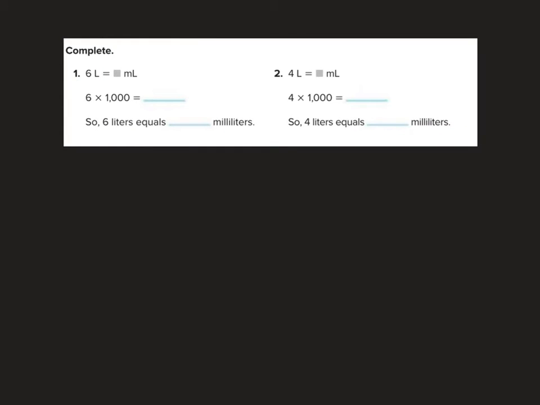6 liters equals how many milliliters? If 1 liter equals 1,000 milliliters, then I just multiply by 6 to get 6,000. So it equals 6,000 milliliters. Next one, 4 liters equals how many milliliters? 4,000, right?